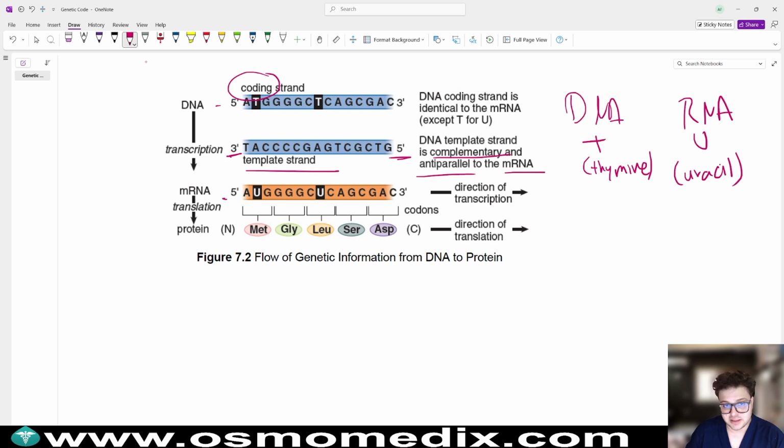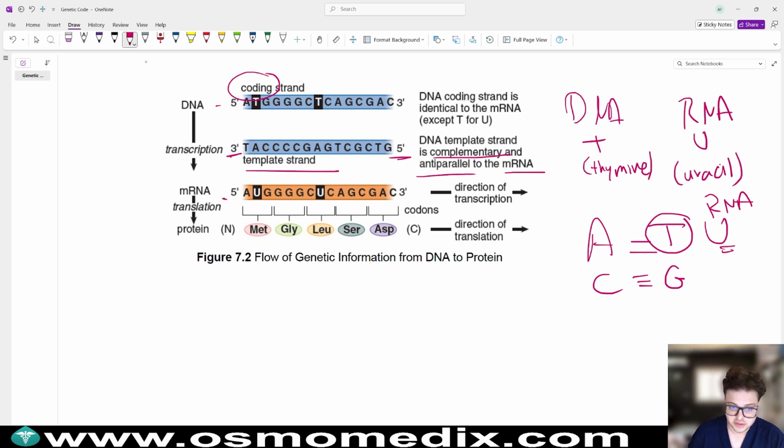So A pairs with U, C with G, and you know the game. A binds with T with double bonds, and C binds with G with triple hydrogen bonds. Instead of T in the RNA, there is U, so for each A you find in the DNA, you replace it with U in the RNA.